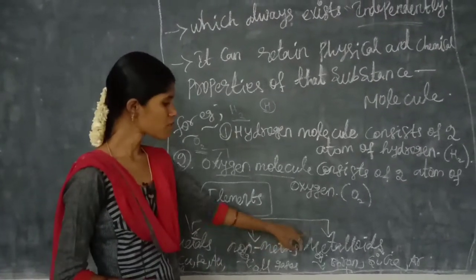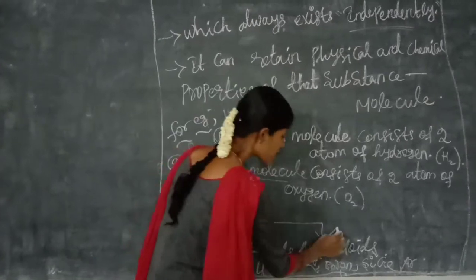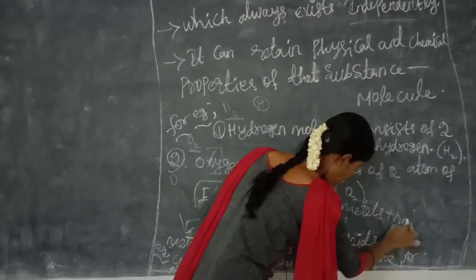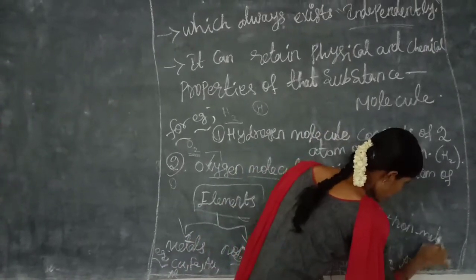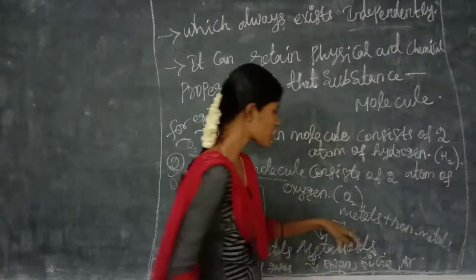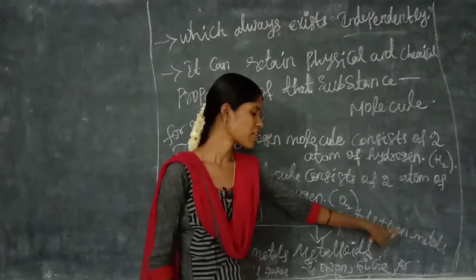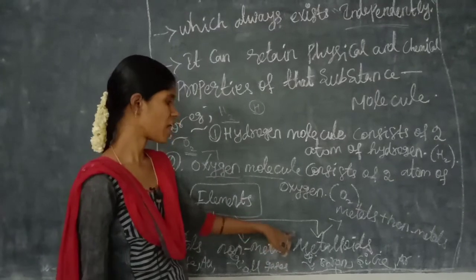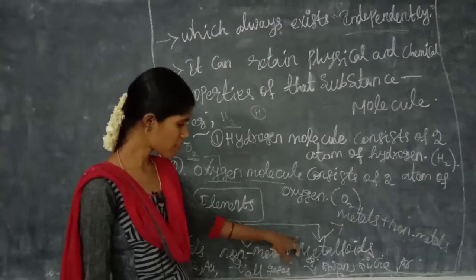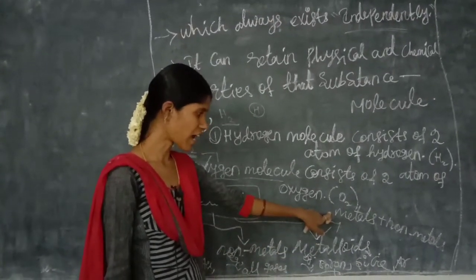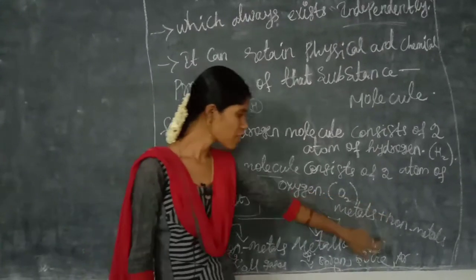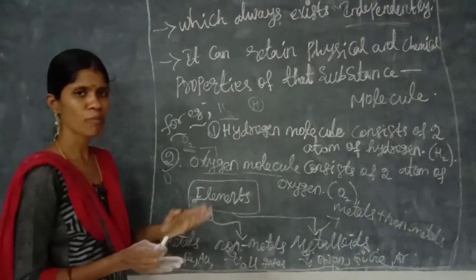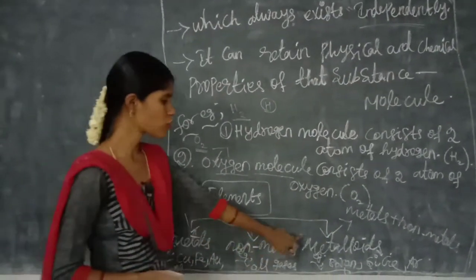The last one is metalloids. Metalloids consist of both metals and non-metals; the combination of metals and non-metals is referred to as metalloids. They exhibit 50% of the character of metals and the other 50% of the character of non-metals.